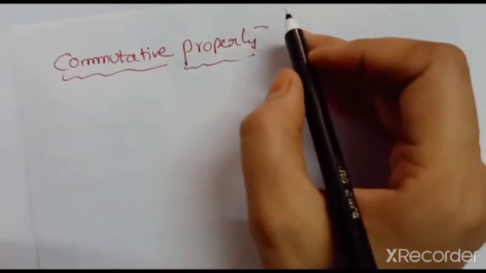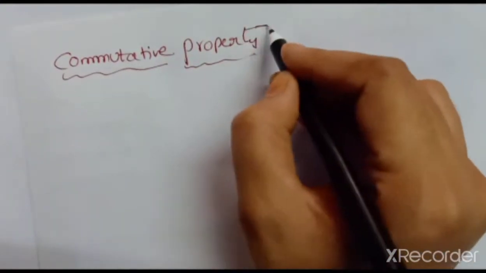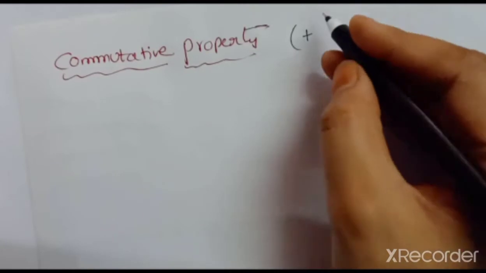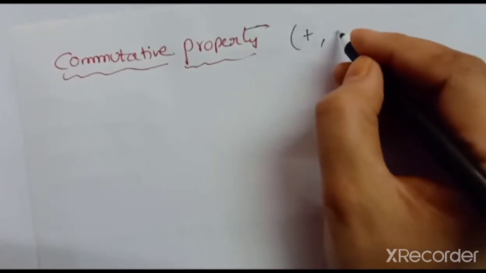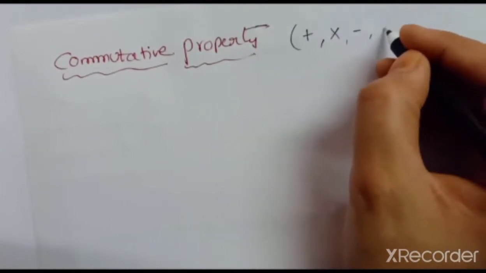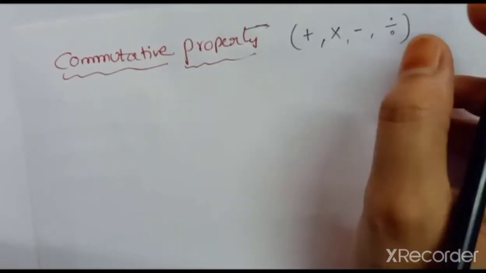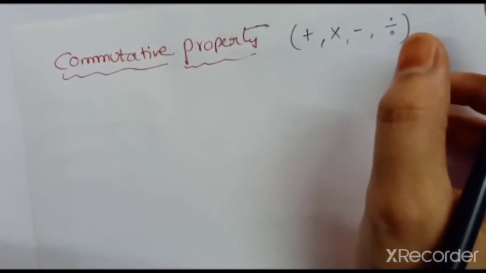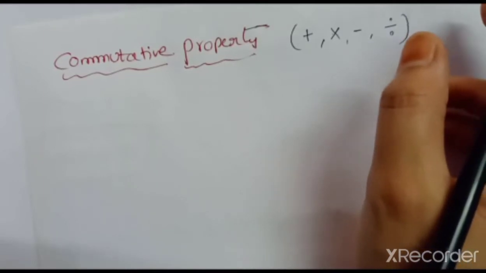Again, the commutative property we are also going to see for addition, subtraction, multiplication and division. Is the commutative property applicable for whole numbers or not, that is the question. Let's see about that.